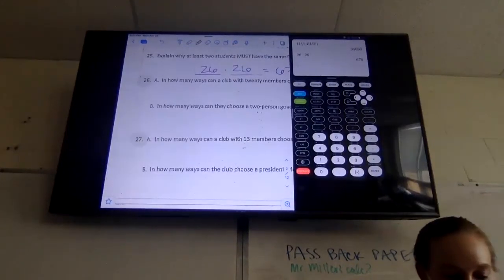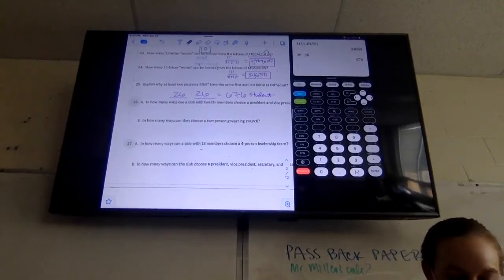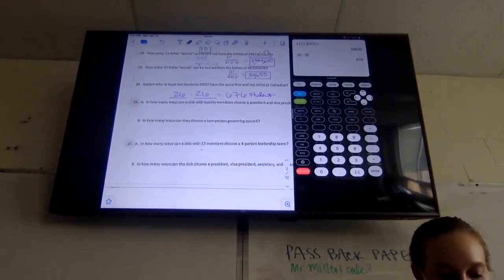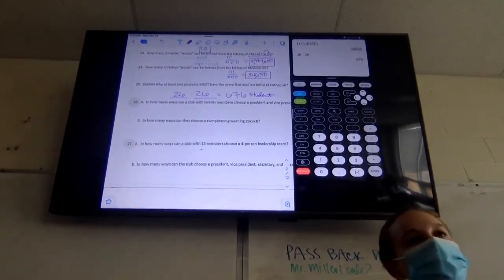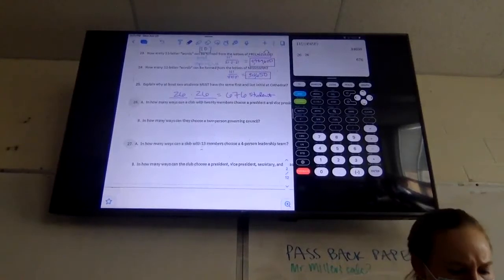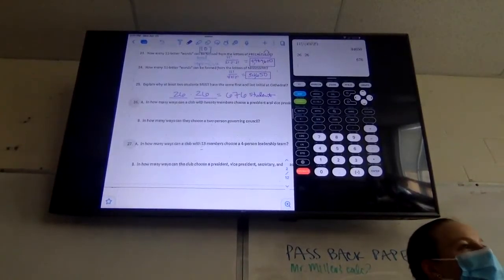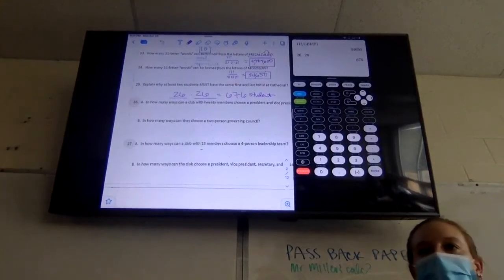So we're going to do this exact same problem, but I'm going to have a new word for it. In this first one, in how many ways can a club with 20 members choose a president and a vice president? Before I teach you the shortcut, how would you do this? How would I show how many options I could have to pick a vice president and a president from 20 people?